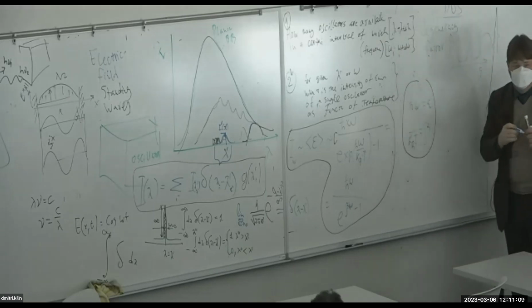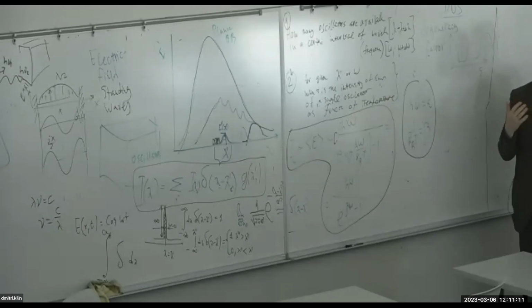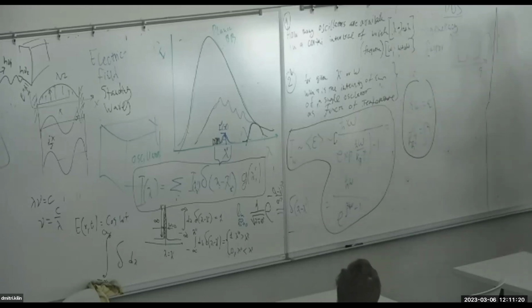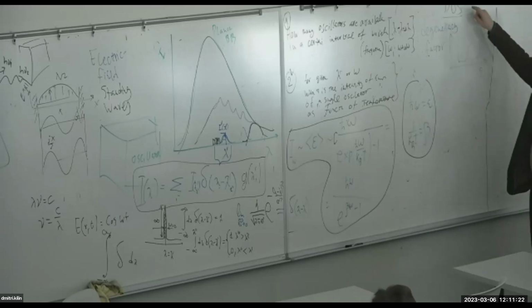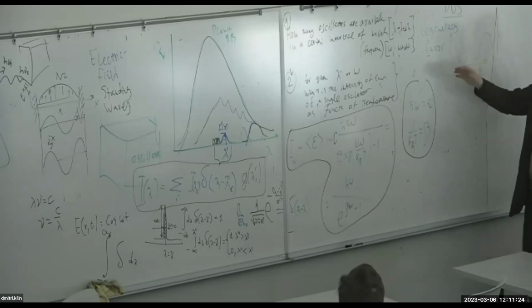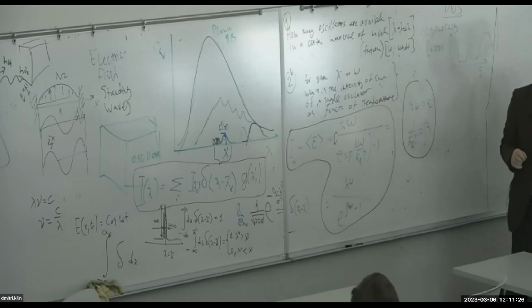So another name for this degeneracy factor, the number of oscillators in a given interval, is density of states. But with the understanding that now we are speaking not of electronic states, but of density of photon states, of electromagnetic states. So our goal for whatever time we have left is to find the density of photonic states, the degeneracy factor, the number of oscillators in a given interval.